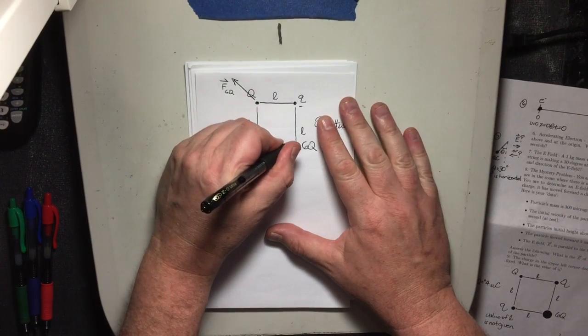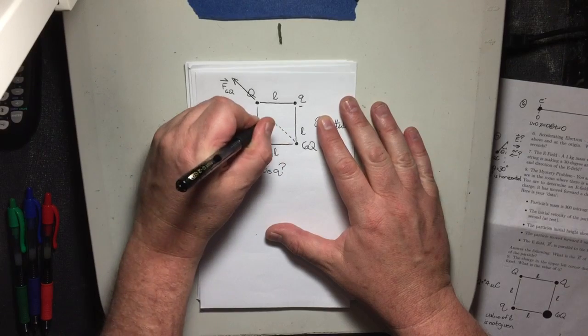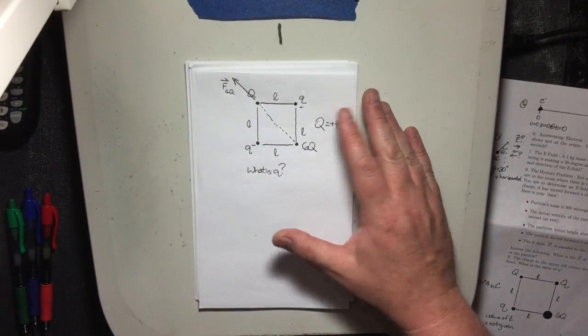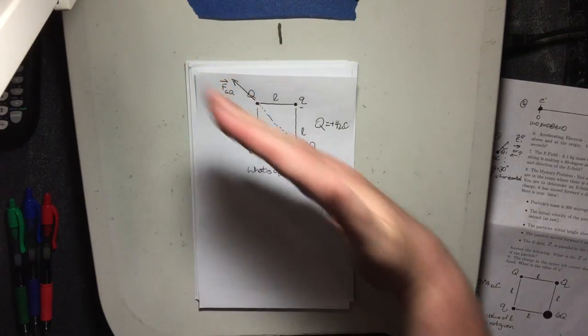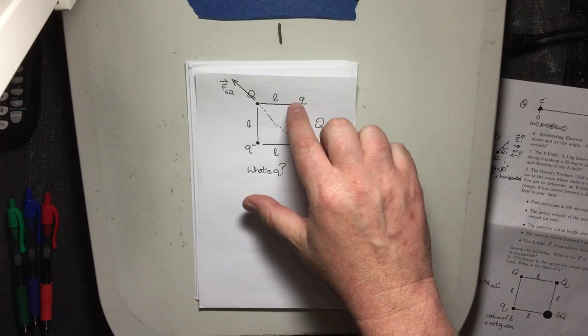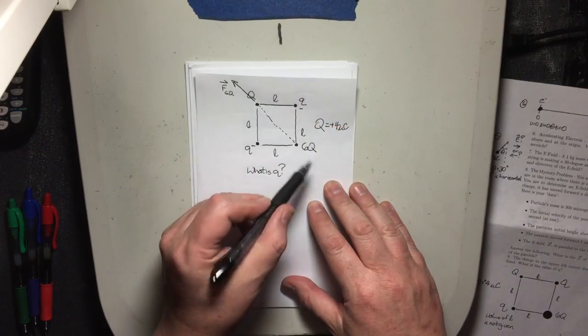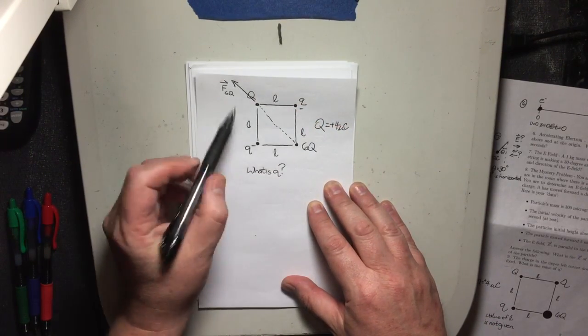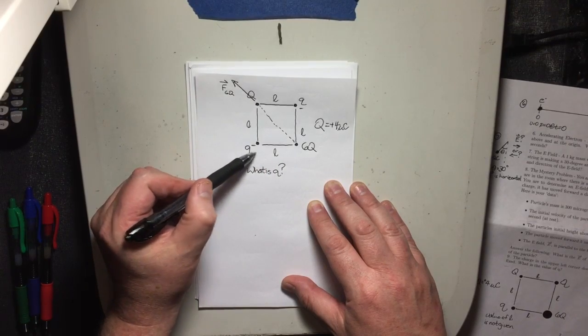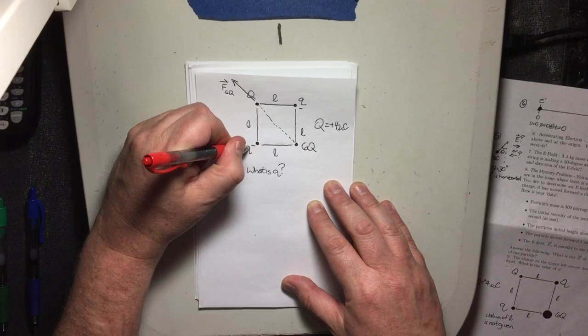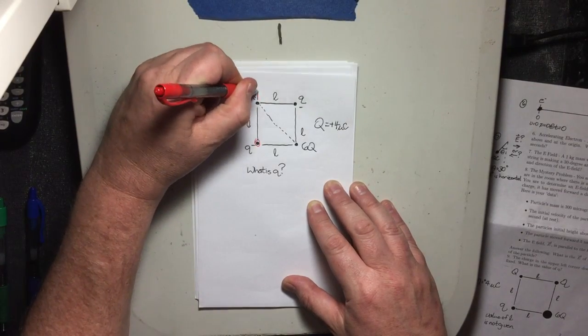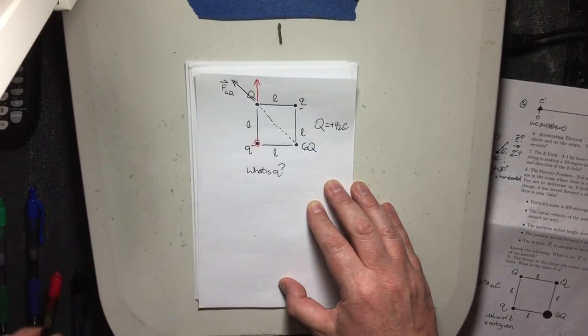The main thing about this problem, and this is the lesson, this is a symmetric problem in this direction. If you had a mirror running along this, this would be the mirror image of this. The force on this by that charge is in that direction.